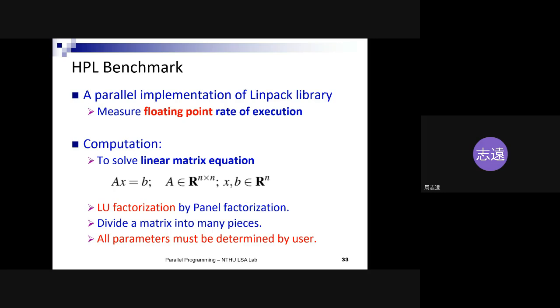That is actually a configuration when you run the benchmark, so you can adjust the size of your matrix. Usually the larger matrix, the larger problem, can give you a better performance in terms of flops. Why is that? Because in order to get the highest performance, you want to utilize all your resources, such as your memory, your cache, or your computing cycles.